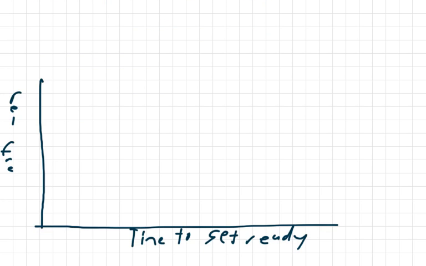Now I have my relative frequency on the left-hand side and the time to get ready on the right side. So this is going to be 0, 10, 20, 30, 40, 50, 60, 70, 80, 90.